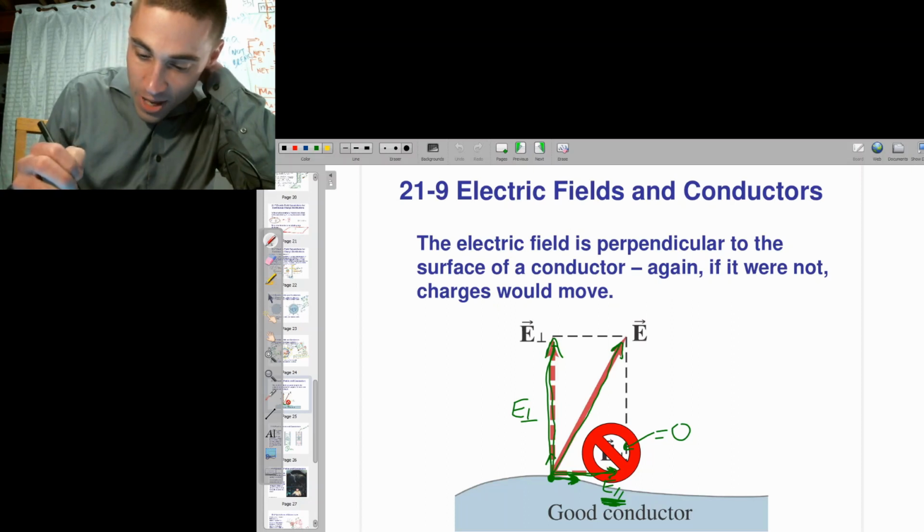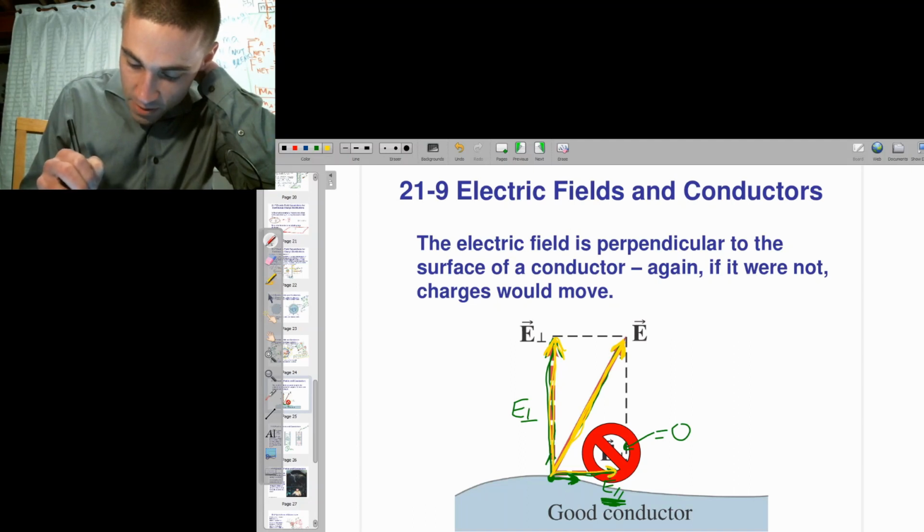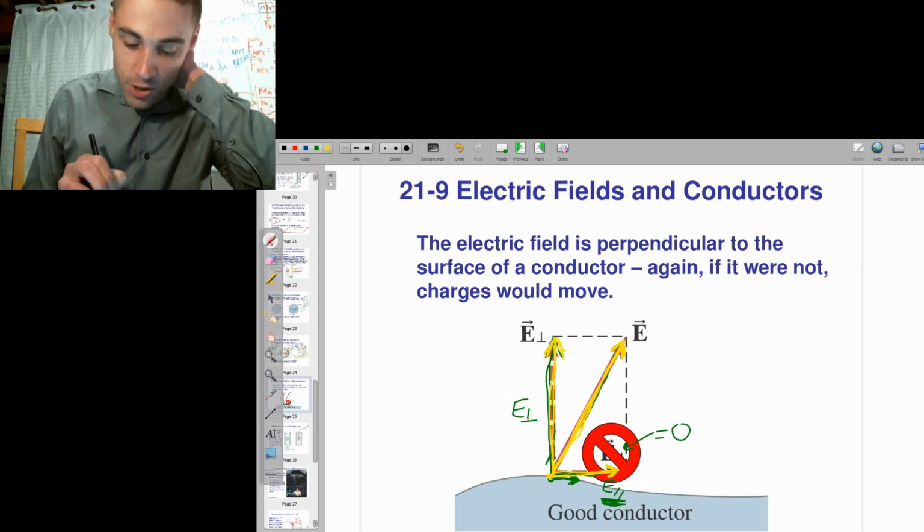Let's say we had an electric field extending out from a good conductor. Break it up into two components: an E perpendicular to the surface and an E parallel to the surface. Now, we're in the electrostatic case, which means the charges have all settled in their equilibrium positions, so they're not moving anymore.